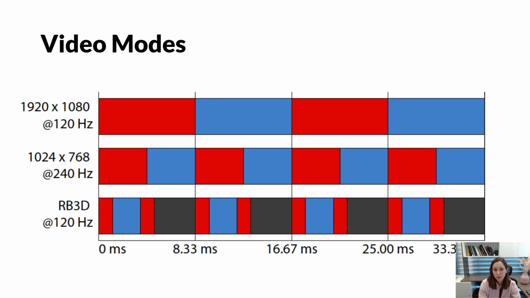Now that we have talked about how video modes work in general, let's turn our attention to video modes that are specific to implementing stereoscopic or dichoptic information. How does the 3D polarizer know that it should switch between clockwise and counterclockwise polarization?